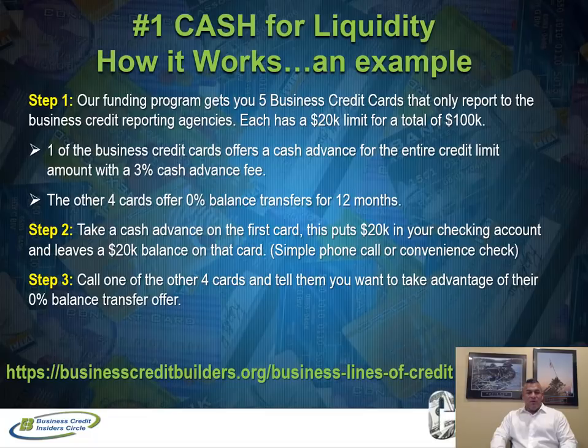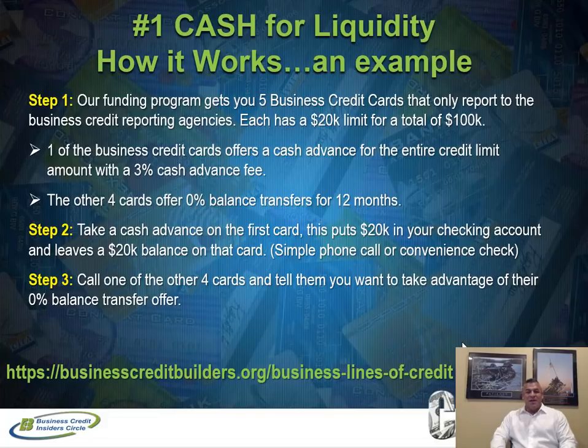You can do it right over the phone. All they ask for is the card number and the bank, and they transfer it and pay it off. Now the cash advance balance on card number 1 goes back to 0, and card number 2 has the $20,000 balance, but at 0% for, let's say, 12 months.